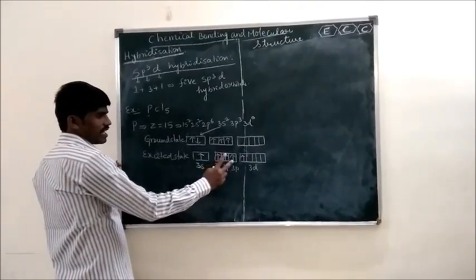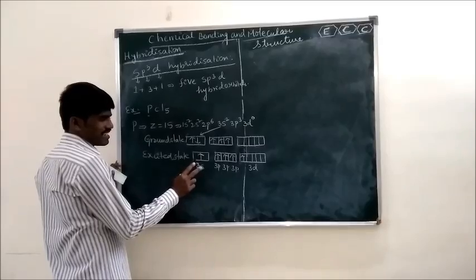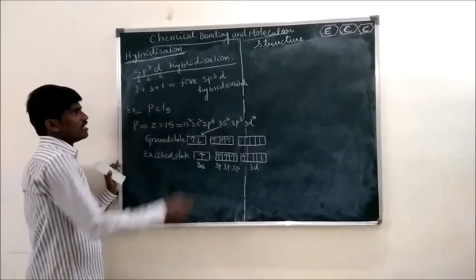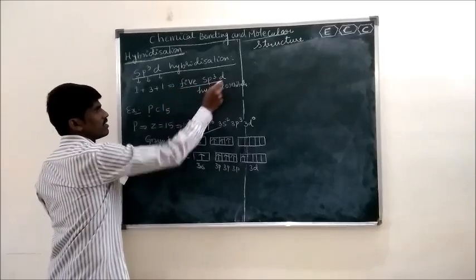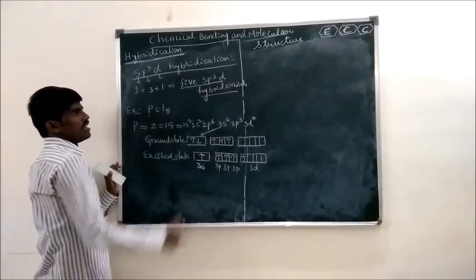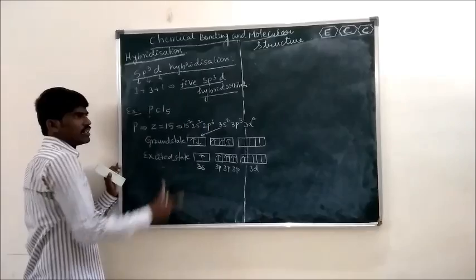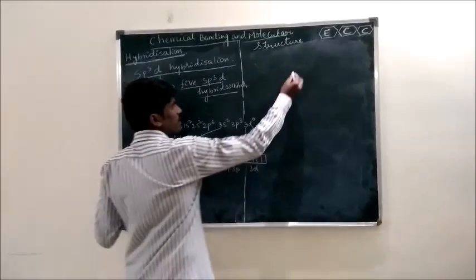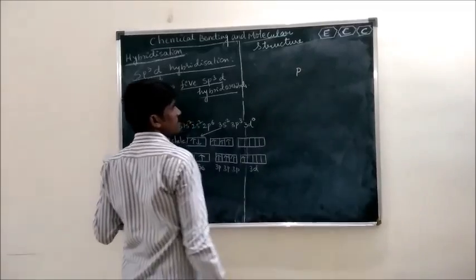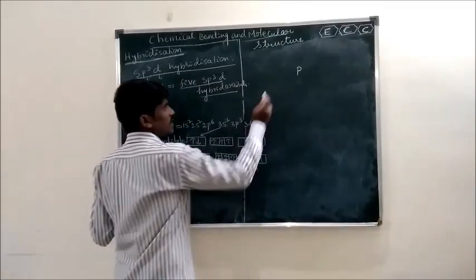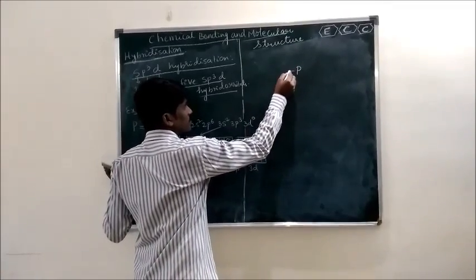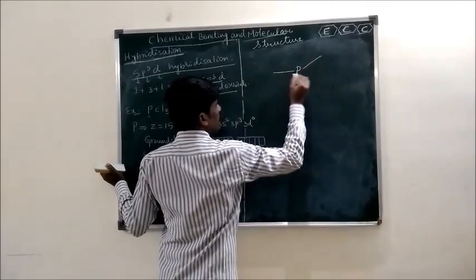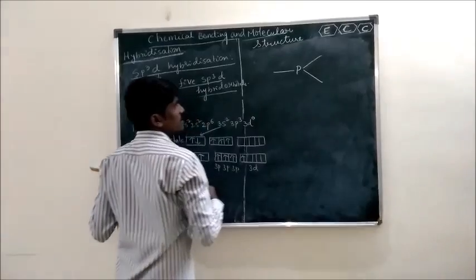So these 5 unpaired electrons which are present in respective atomic orbitals will undergo intermixing. So you will get 5 sp3d hybrid orbitals, and these 5 sp3d hybrid orbitals will be arranged in such a way. See here, phosphorus, it is having 5 sp3d hybrid orbitals, and here 1 sp3d hybrid orbital, and another one, and third one.